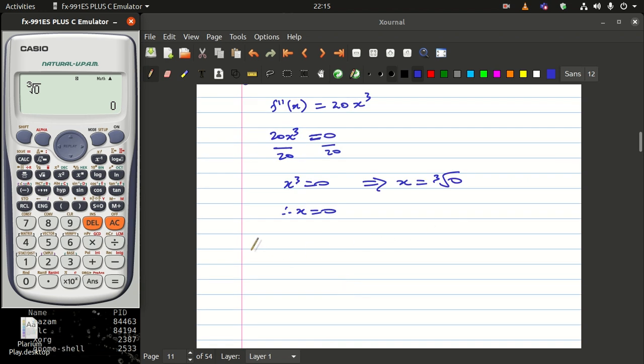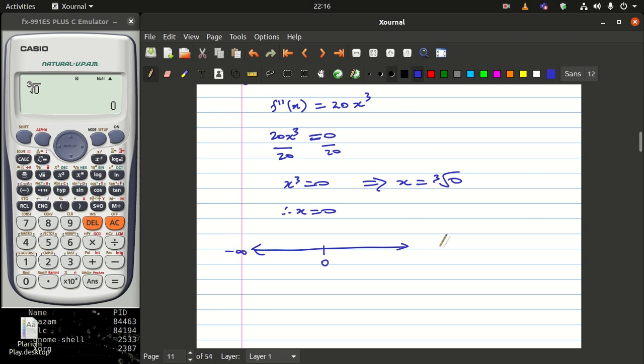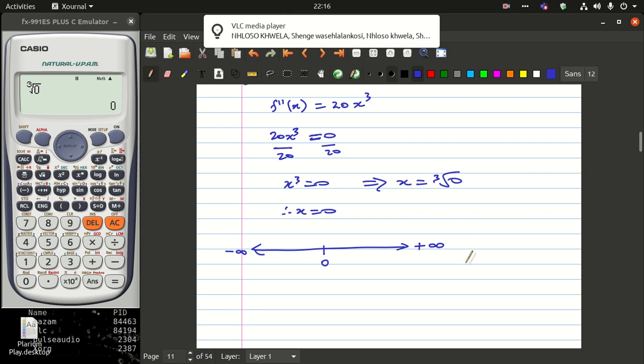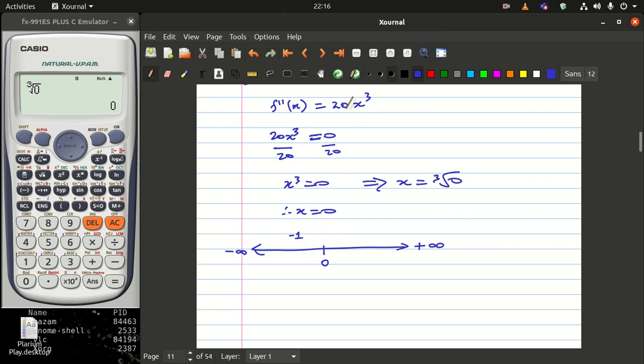It means that the next step is to take this and place it on the number line. So we have a 0 here, and also negative infinity this side, and positive infinity this side. The next step will be to pick a point less than 0, which is -1, and then plug it in here.